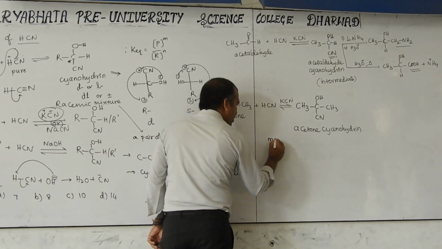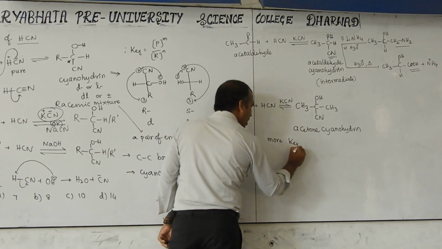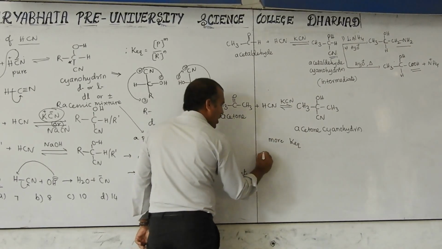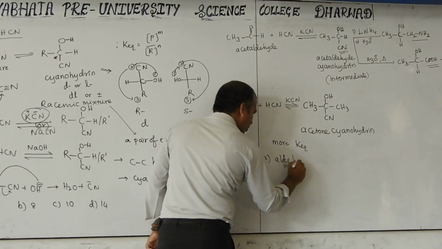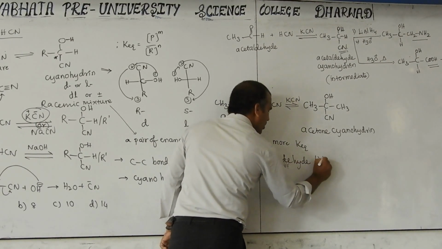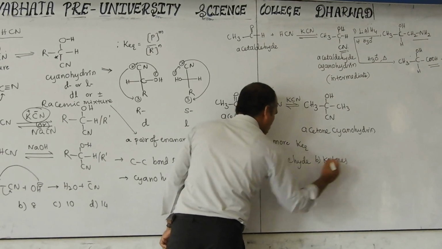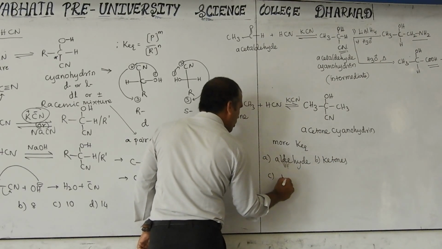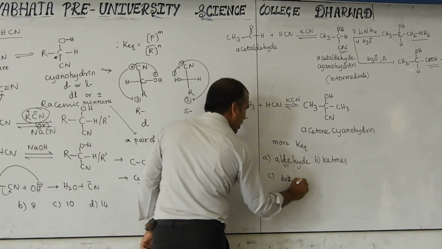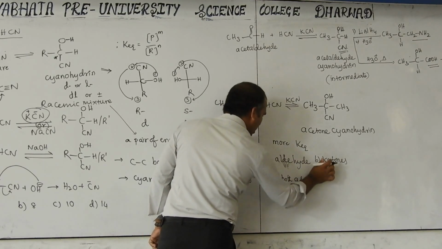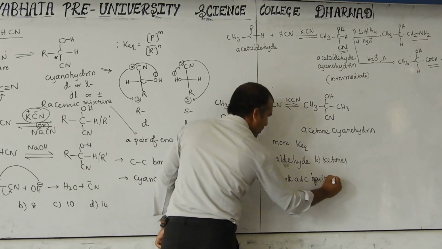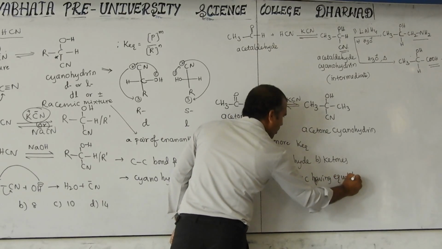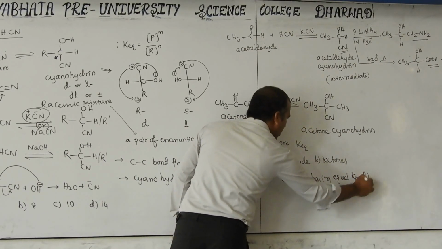Which will have more K equilibrium? Option A, aldehydes. B, ketones. C, both A and B having equal K equilibrium.